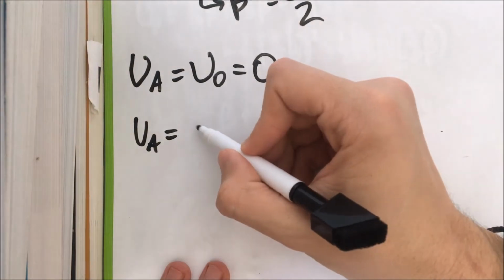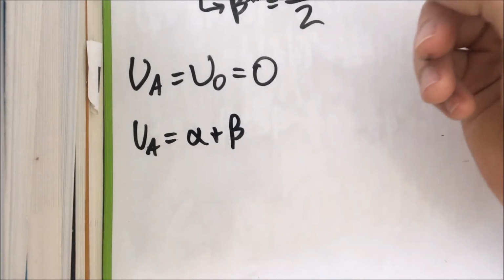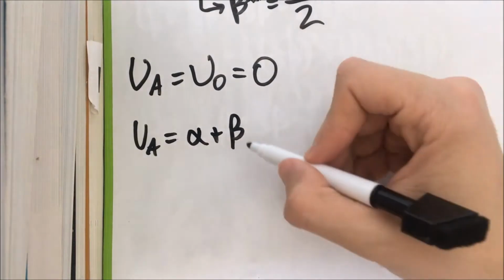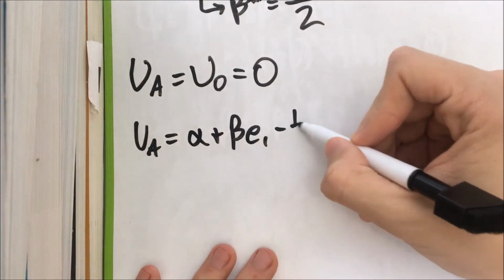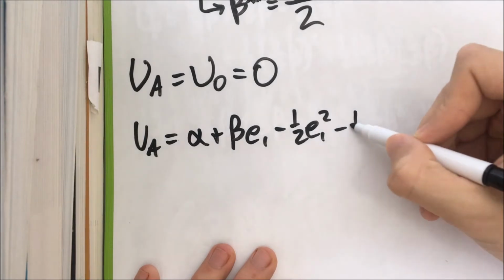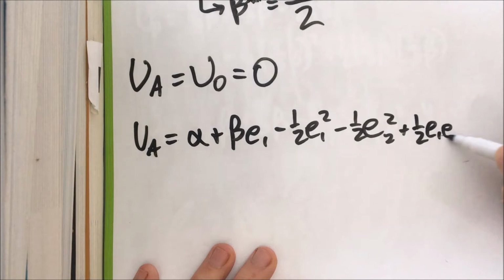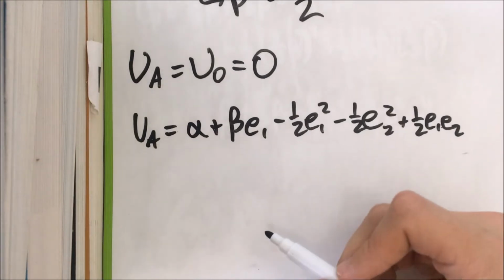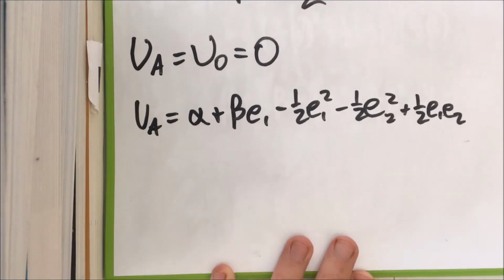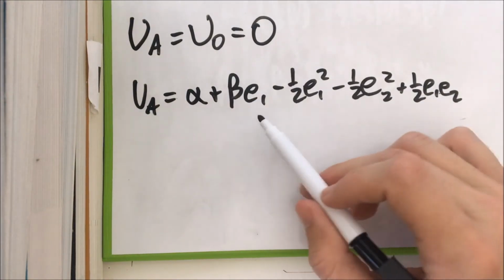So UA equals the W, which is alpha, plus beta times Y, which is X1, which is E1. And we're just going to quickly write his cost of effort function, half E1, E2. Okay, perfect. Now remember this equals 0, but what we're going to do is sub in the optimal effort levels we found before and the optimum beta.